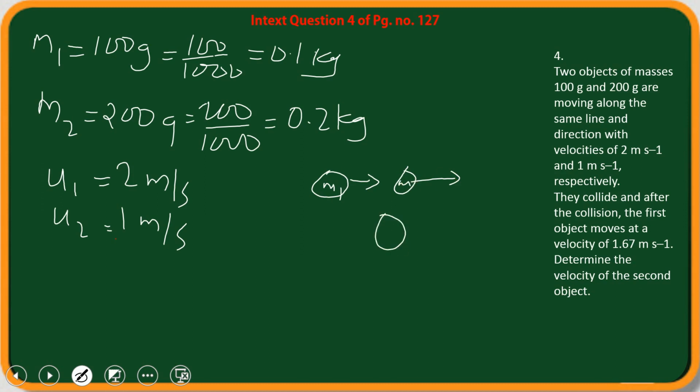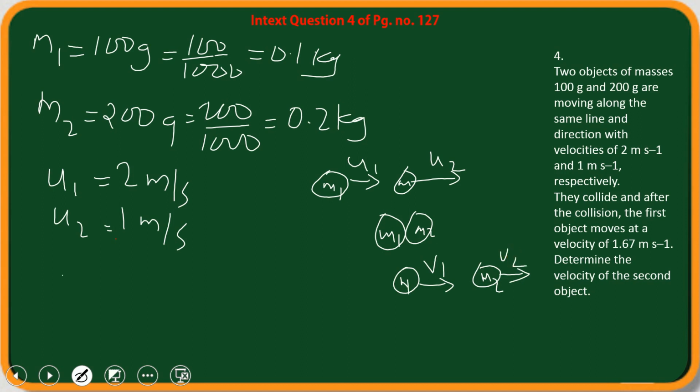After some time they collide with each other. Here it is U1, here it is U2. Then after collision they started to move further. This is M1, this is M2. This time the velocity will change. It will become V1 and V2.